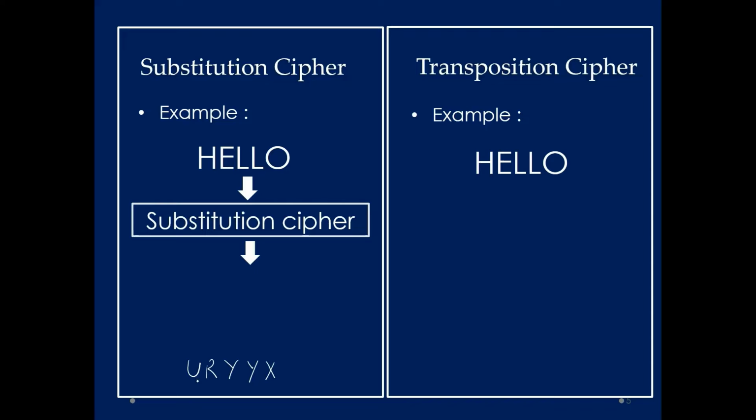So this is the ciphertext that is generated by the substitution cipher. So a substitution cipher replaces each letter of the plain text by some other letter. The letter which is used to replace it depends upon the key and other factors which I will be discussing in the coming videos.